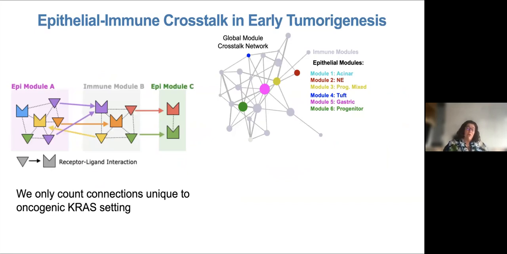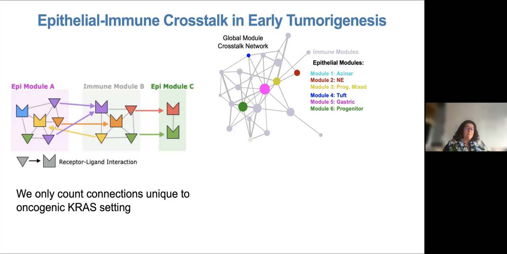So now that we know there are so many possible communications, let's break it down. Here we're looking at the potential crosstalk between these receptors and ligands between all these different modules. We did something somewhat similar to CellPhoneDB, but while CellPhoneDB is looking for potential communication between cells, we're actually looking for potential communication between these gene-based communication modules that we found.